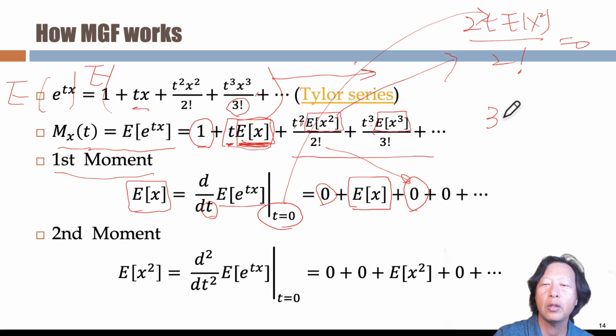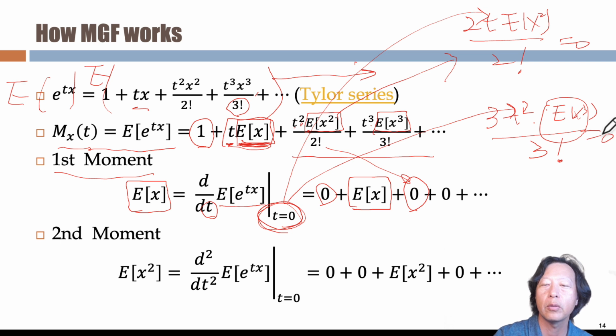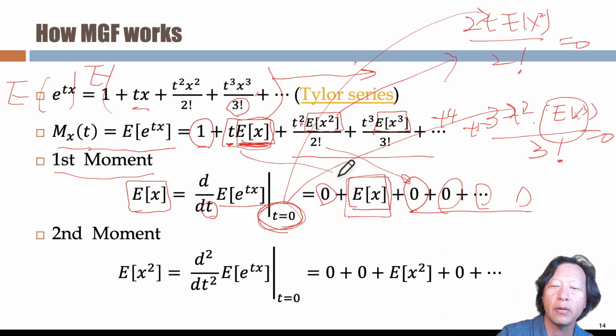The third one will be 3t squared times the expected value of X cubed divided by 3 factorial, but again we put t equals 0, so this becomes 0. Everything will be 0 because the later terms have t to the 4, t to the 5, and when you plug in t equals 0, everything becomes 0. This one doesn't have a t after the derivative, so only this term survives.